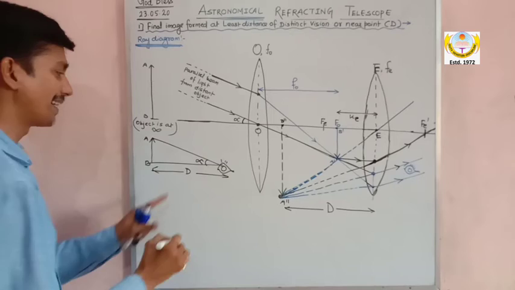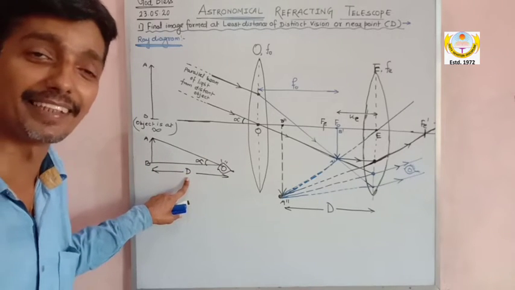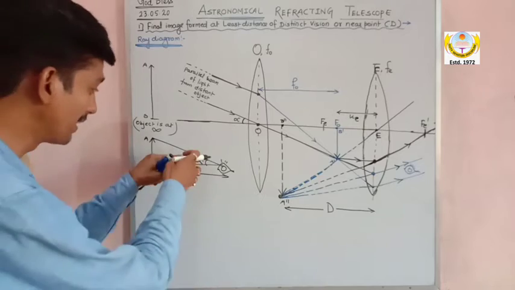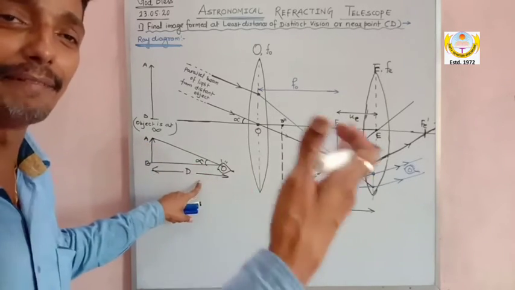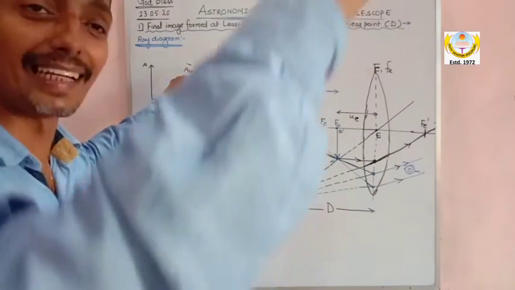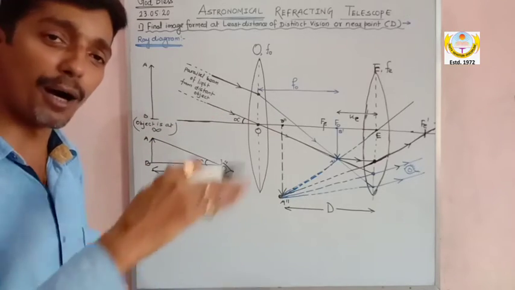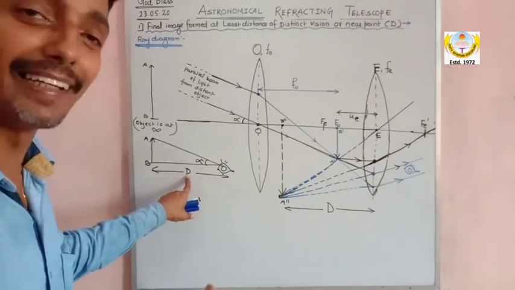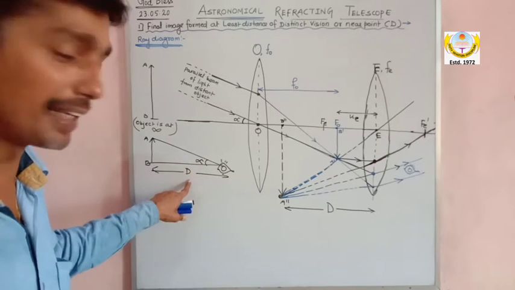This diagram is feasible when the object is at the least distance of distinct vision. We draw and make this angle alpha because an object subtended at LDDV can be seen by a normal eye. But now the object is at infinity, it is not at LDDV. So don't make an angle alpha with LDDV.